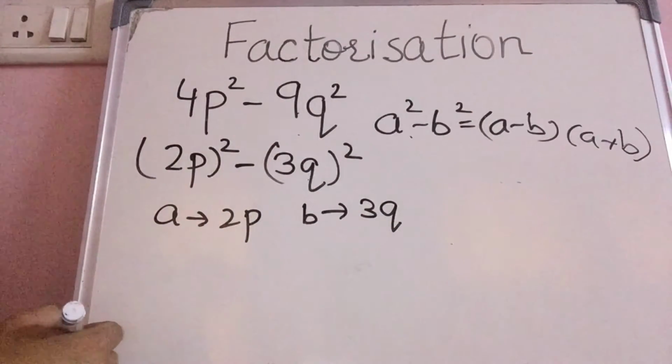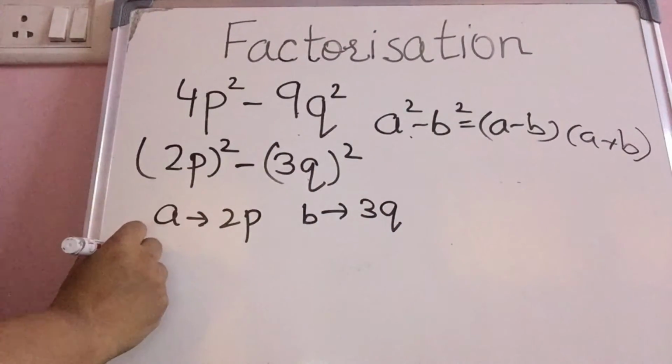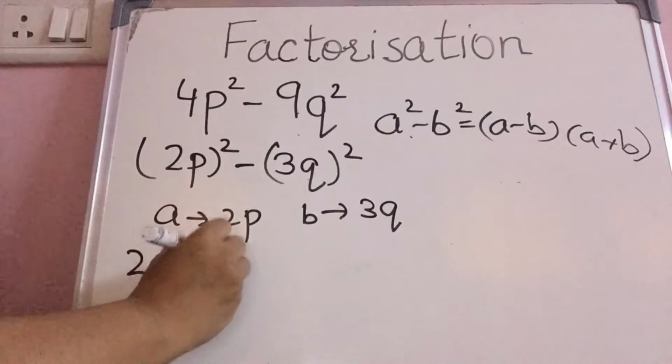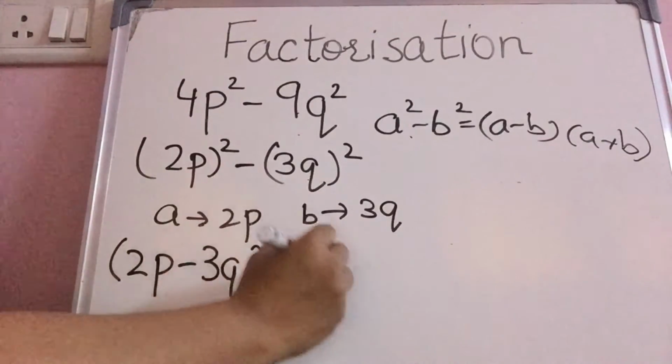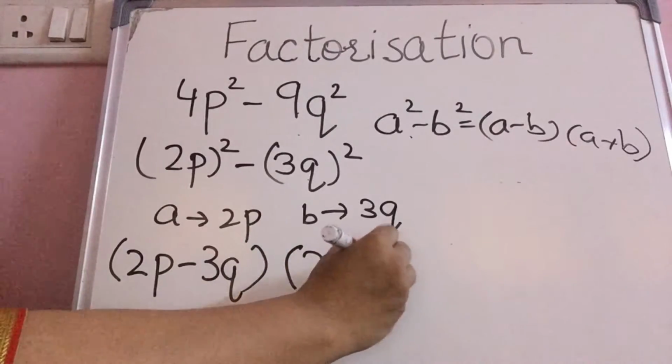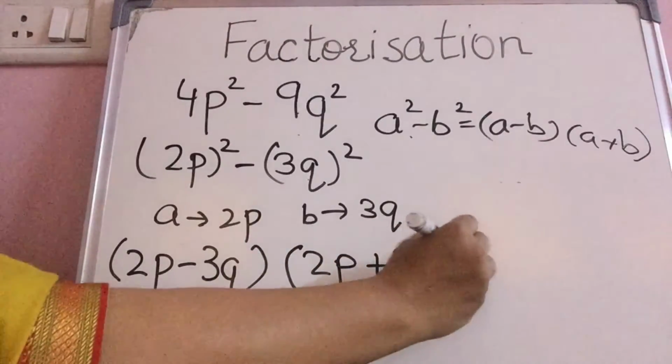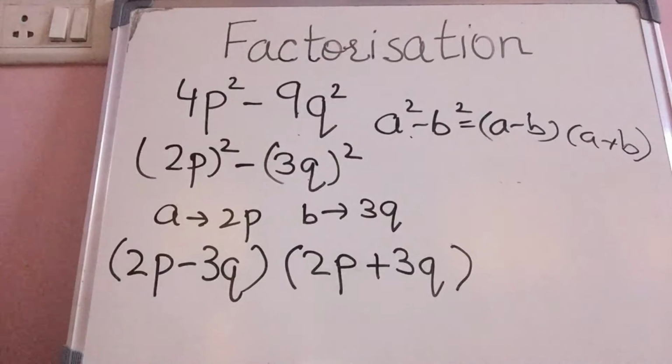So now writing the right hand side of the identity, we will get (2p minus 3q), that is a minus b, and a plus b will be (2p plus 3q). So this will be the answer.